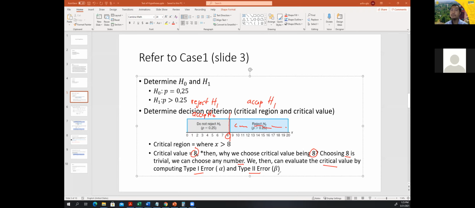So choosing 8 is trivial, we can choose any value. For example, we can choose maybe 11. It's no problem because we need to evaluate based on type 1 error and type 2 error.